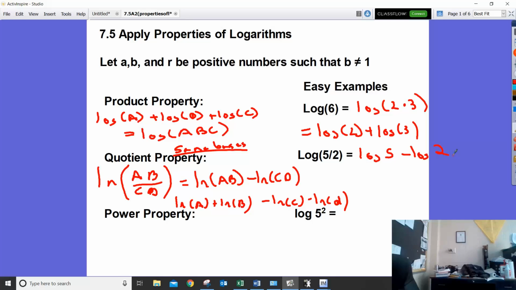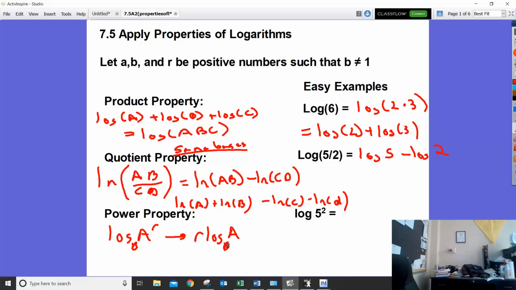We have the power property. A logarithm with some argument A and some exponent R is equivalent to R log A. And I might have like base B down here. It's just quicker in the notes not to throw that there. So this is telling us that I can take those exponents and I can move them out front.